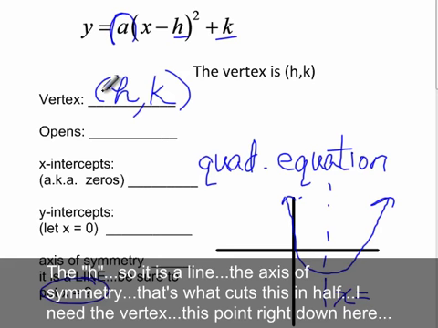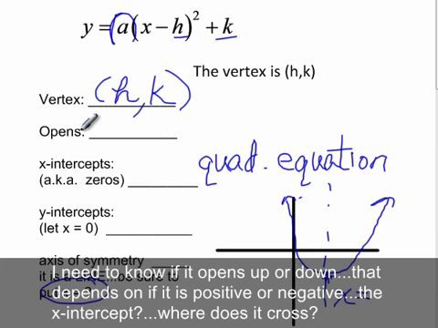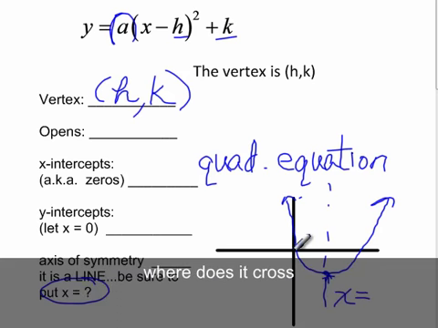So once again, I need the vertex. I need this point right down there. That is the vertex. I need to know, does it open up or does it open down? That depends on if it's positive or negative. The x-intercept, where does it cross the x-axis? That means y is 0.